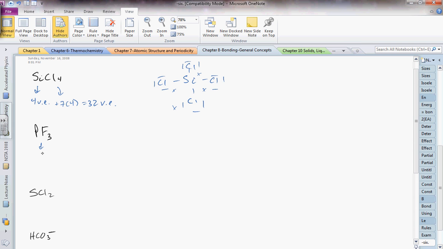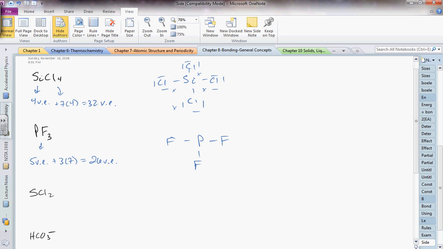For PF3, the phosphorus has 5 valence electrons because it's group 5, plus 3 times 7 from the fluorine. So that gives us 26 valence electrons. The halogens tend to only form 1 bond. Usually, not all the time, but usually they only have 1 bond.